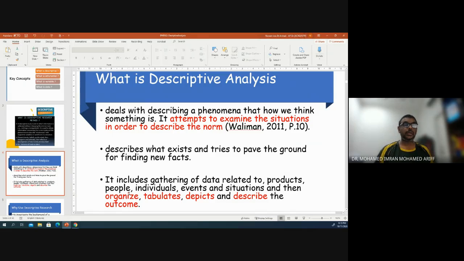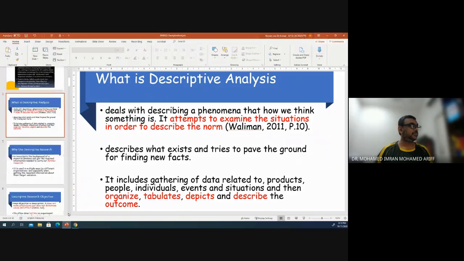Okay, ada orang kata I own Huawei, ada orang kata saya own Apple, ada orang kata Samsung. So you just collect this data. And then from this data, you make a finding and you kata, in Perak, a lot of people own Samsung because out of 100 people we interviewed, we collected the data from, 45 people own Samsung, 10 people own Lenovo, and so on and so forth. So it just describes.